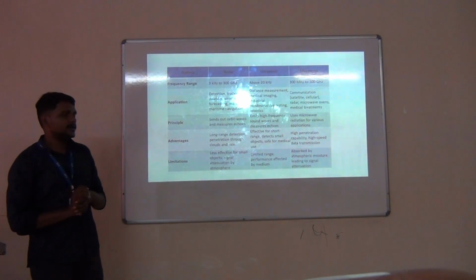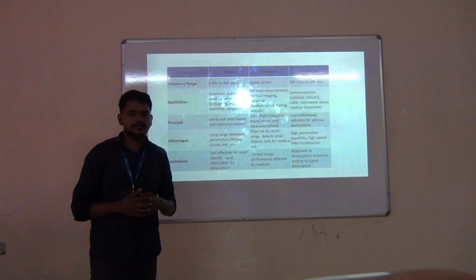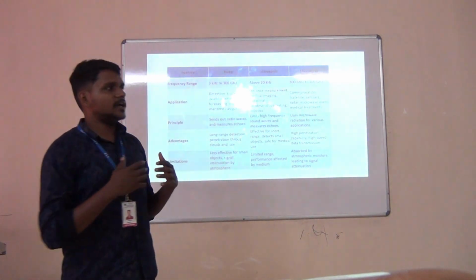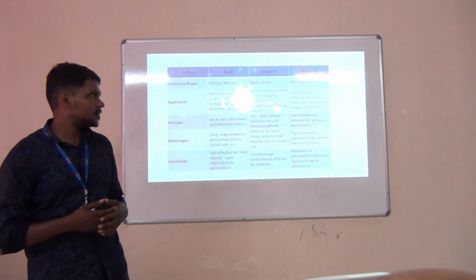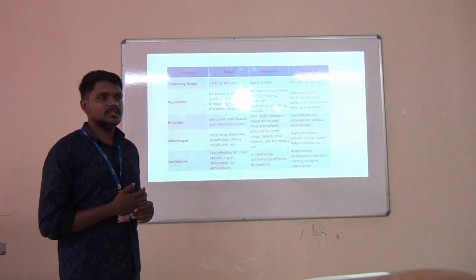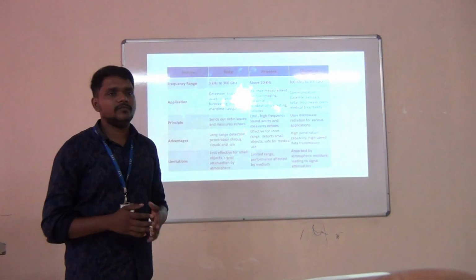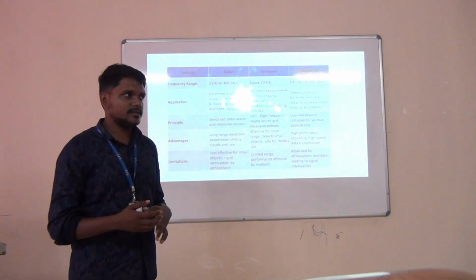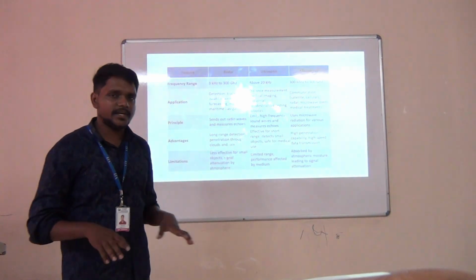Another important aspect of this detection and ranging is that there are multiple waves, like ultrasonic waves, radar, radio waves and microwaves. Each of these waveforms has a particular application and particular working. They have separate characteristics.